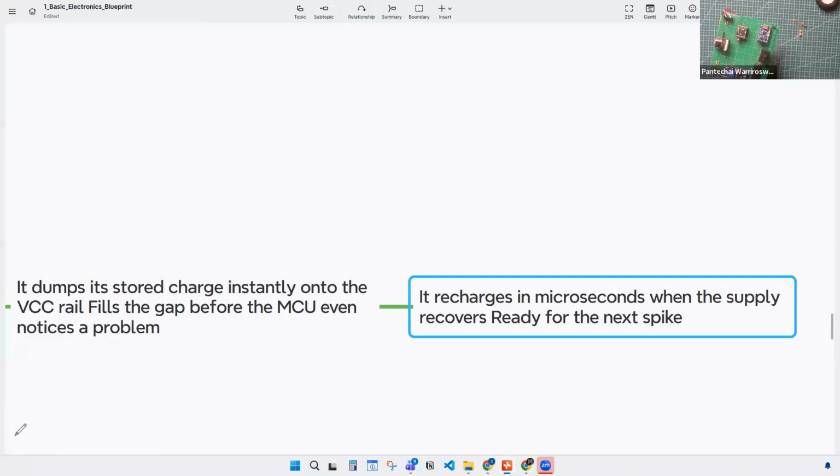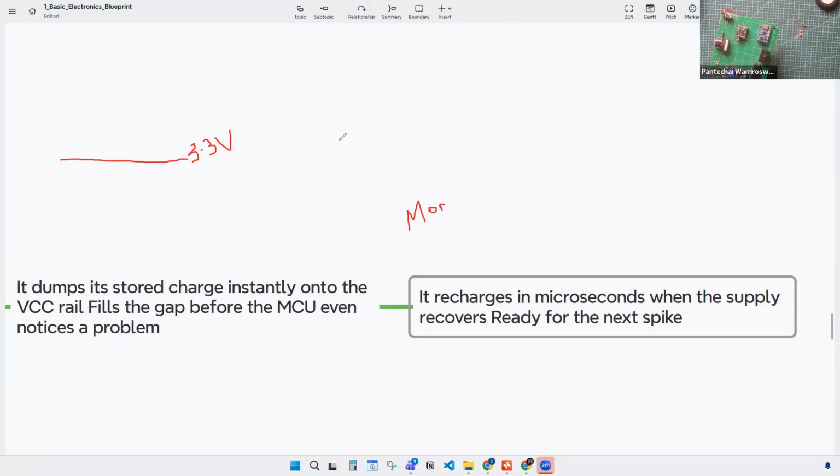So what do you mean by that? Imagine normally there is one DC power supply. For example, this is a DC power supply where we are getting around 3.3 volts. DC power supply means a straight line. But at the same time, what if the motor is turned on?